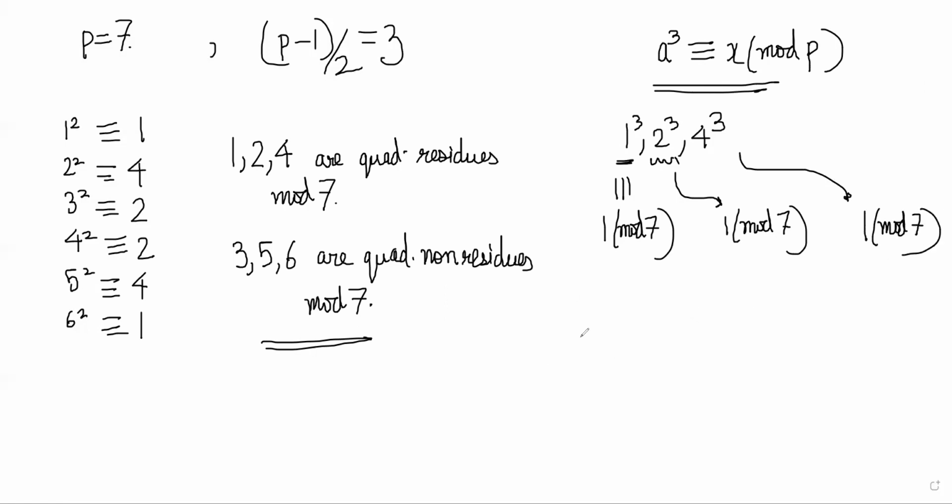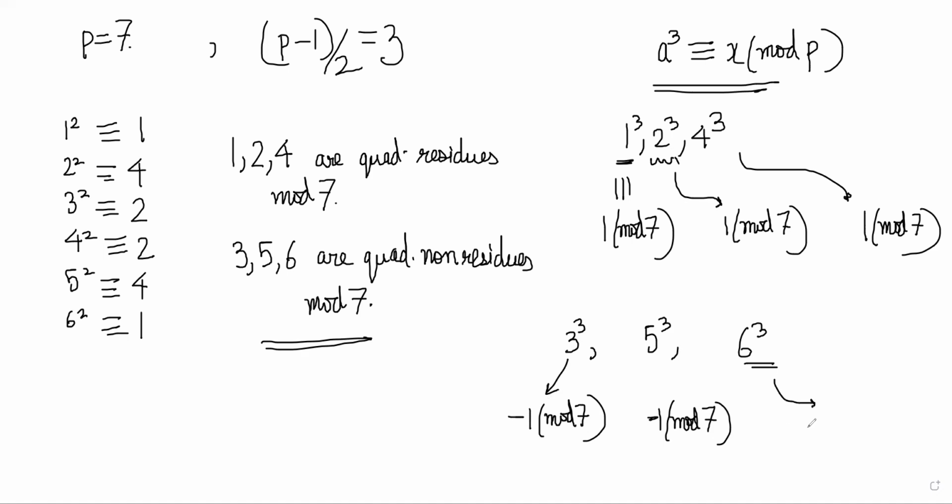On the other hand, when you do 3 cube, 5 cube, and 6 cube, what are we getting? 3 cube is 27 and 27 is minus 1 mod 7. 5 cube is 125 and 125 is again minus 1 mod 7. And 6 cube is 216 and this is also minus 1 mod 7.